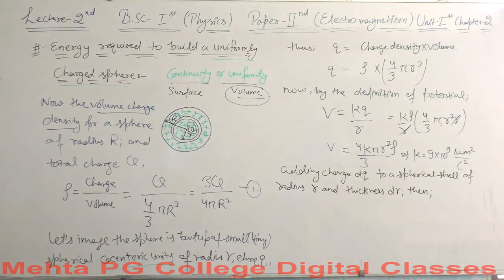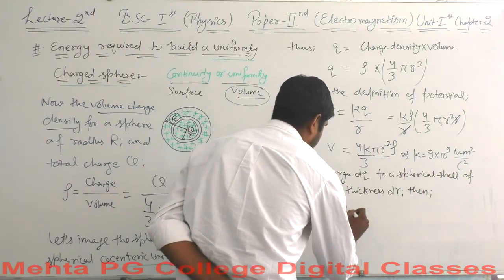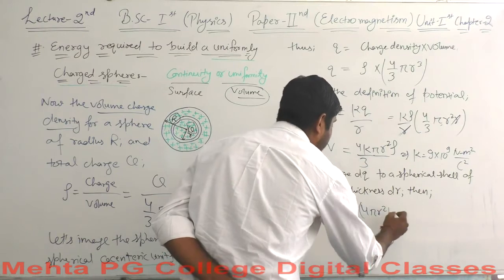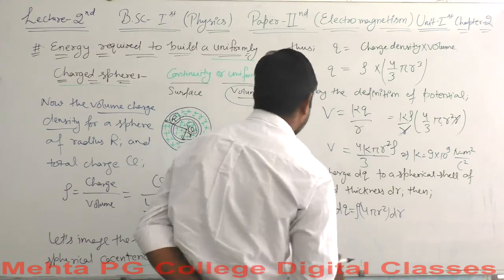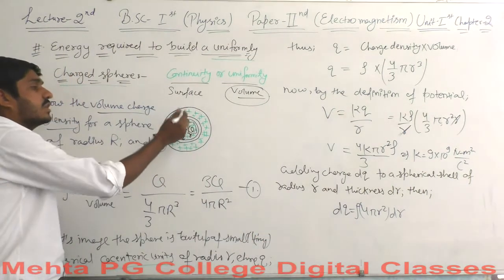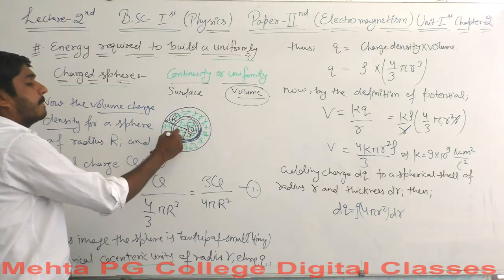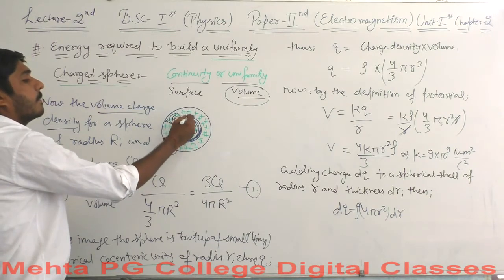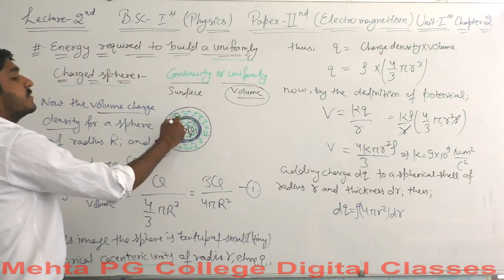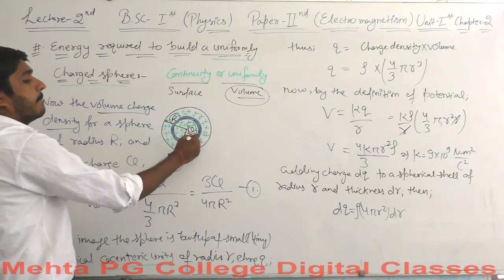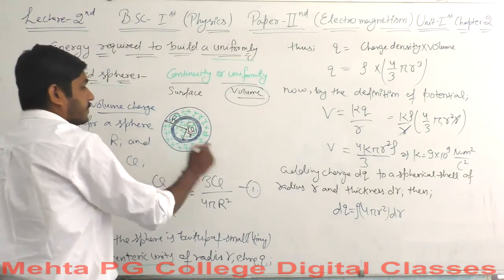The value of charge dq will be equal to rho 4 pi r square dr. Also considered is the rho, because we are talking about only this particular volume here.